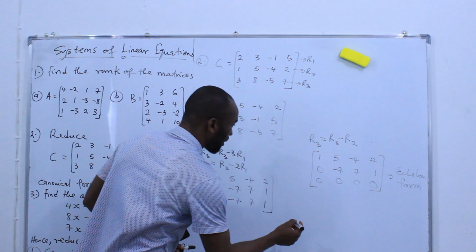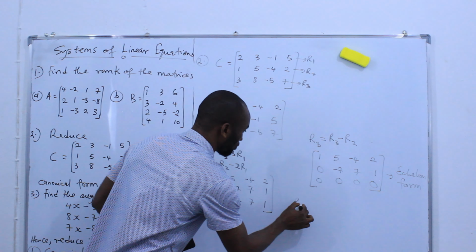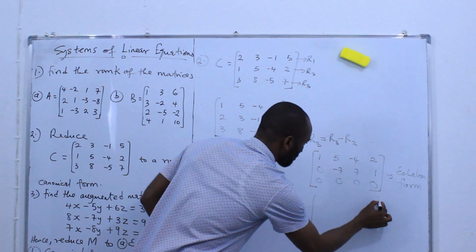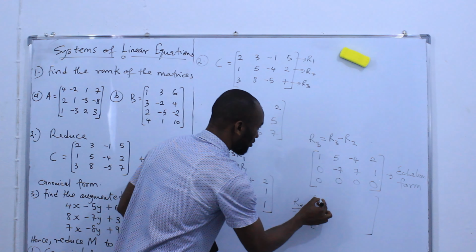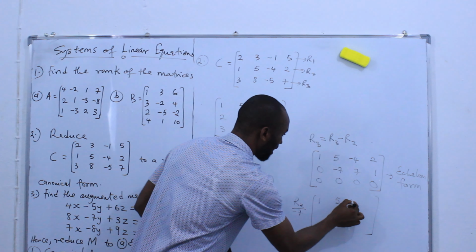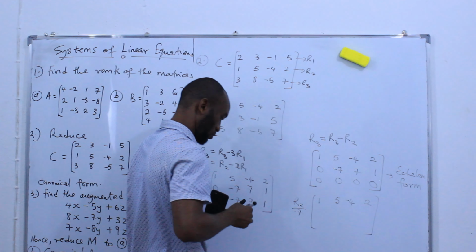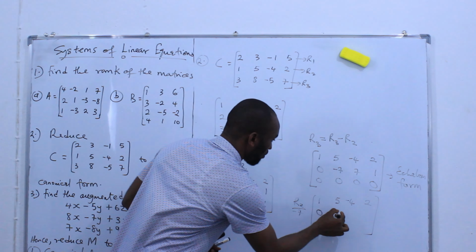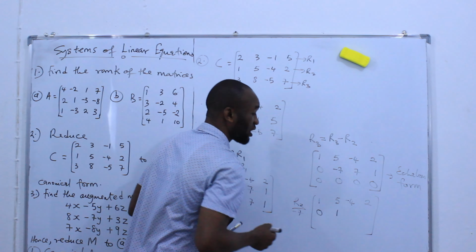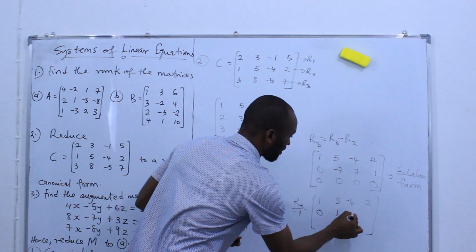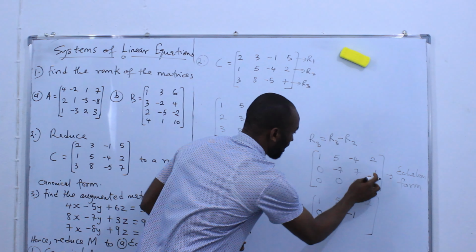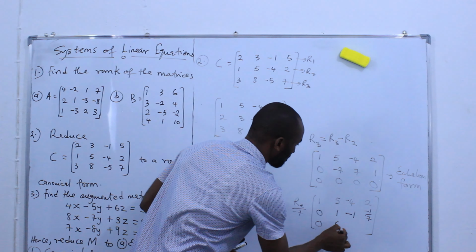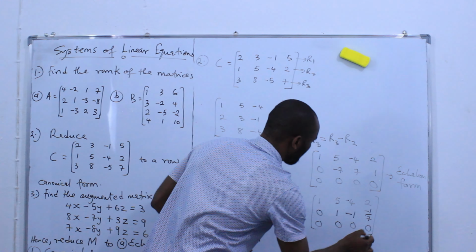If I divide R2 by minus 7, we have 1, 5, minus 4, 2. We have 0, 1. Minus 7 divided by minus 7 is 1. Minus 7 divided by minus 7 is 1. 1 divided by minus 7 is minus 1 over 7. Then you have 0, 0, 0, 0.